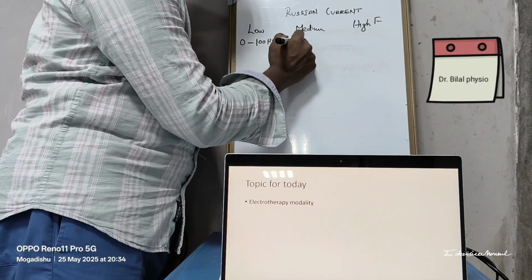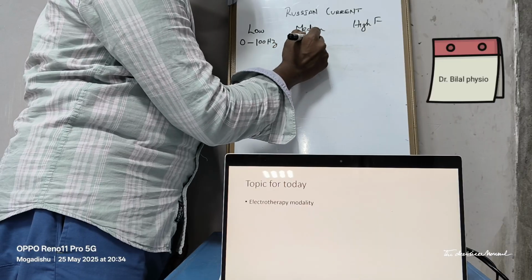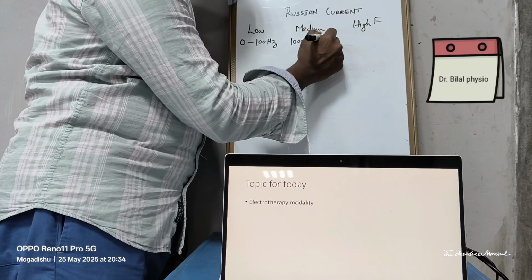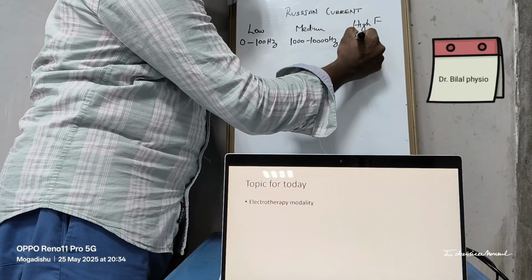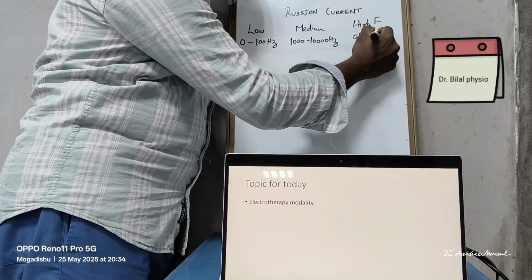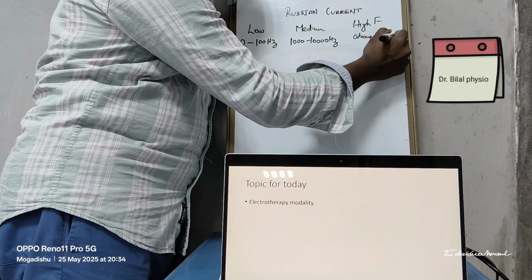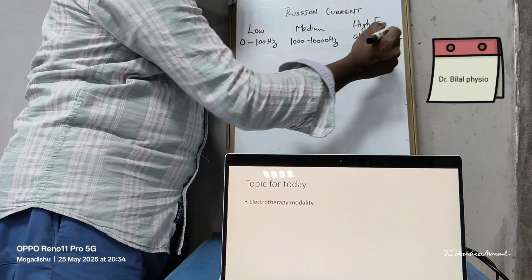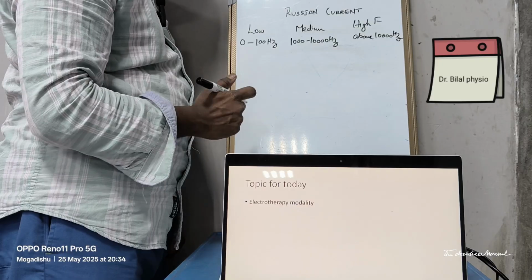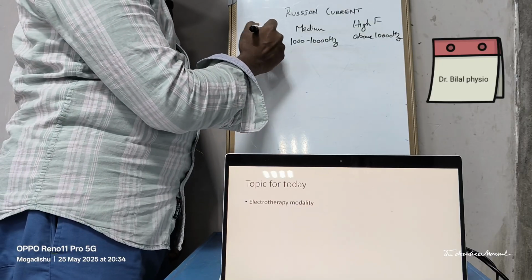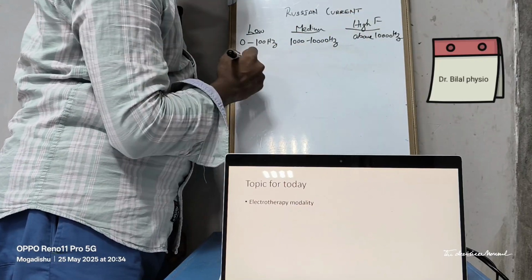Medium frequency current is from 1000 to 10,000 hertz. High frequency current is above 10,000 hertz. They come under these categories hierarchically: low, medium and high frequency current.